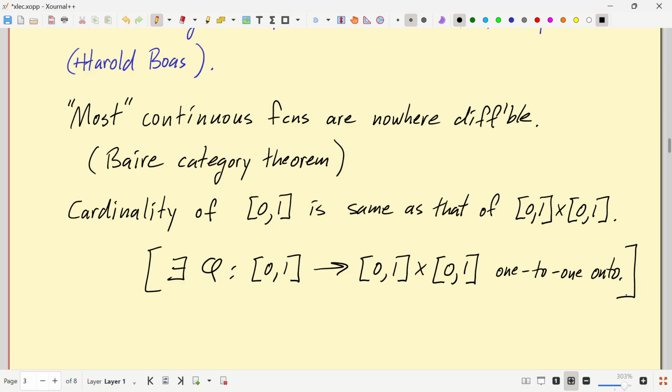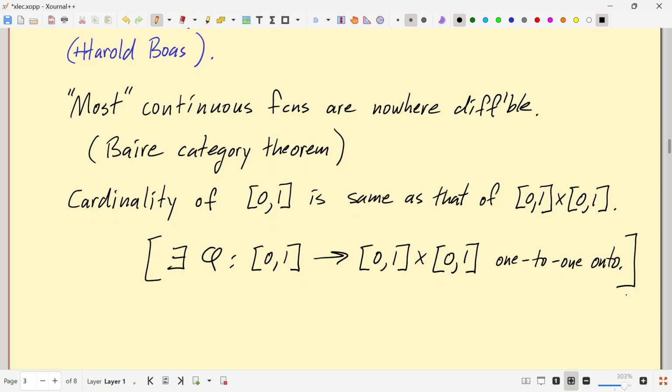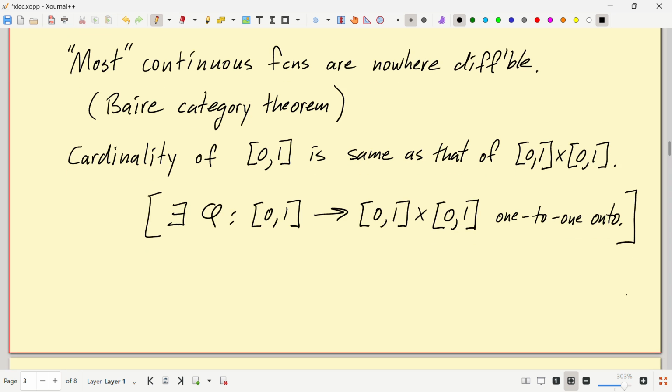But an even more mind-blowing thing. There's no continuous function that does that. There is no continuous phi that does that. Not hard to see.